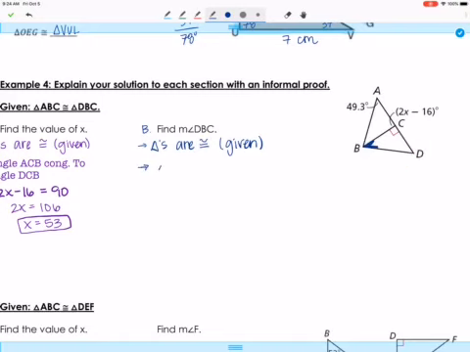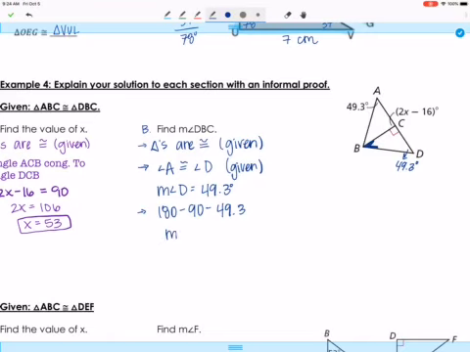Once I know that, I can just subtract from 180. 180 minus 90 minus 49.3, and I get that the measure of angle DBC would be 40.7 degrees.